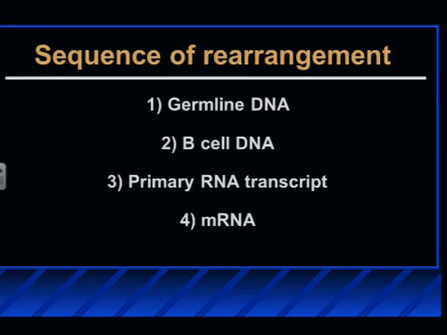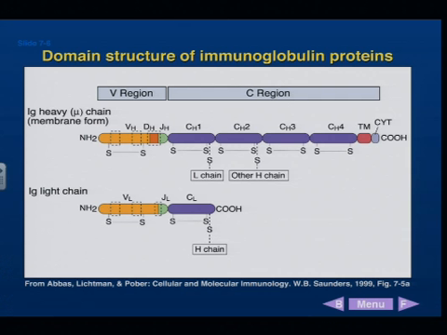And this is done in the following sequence. This is basic biochemistry, where you have a germline DNA, your genomic DNA, that eventually gets into the B-cell DNA, into primary transcript, into the messenger RNA, and this, of course, gets translated into the protein product. So here is a single immunoglobulin chain.